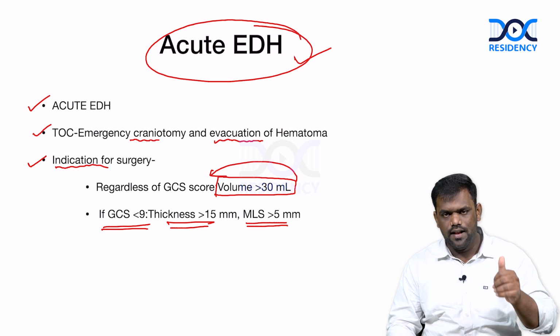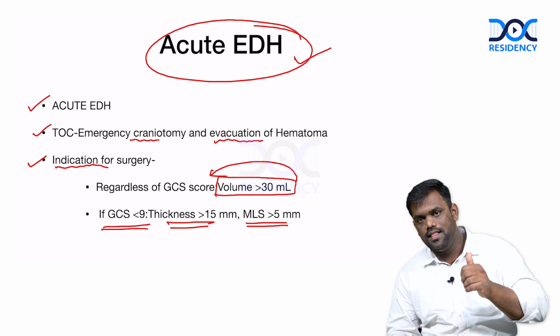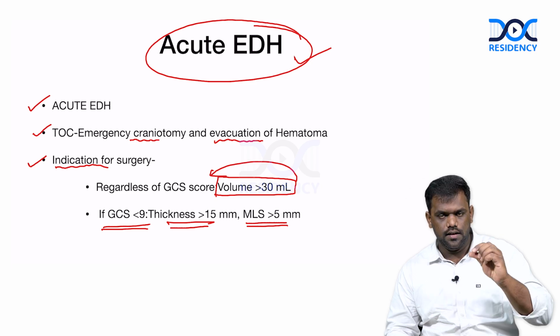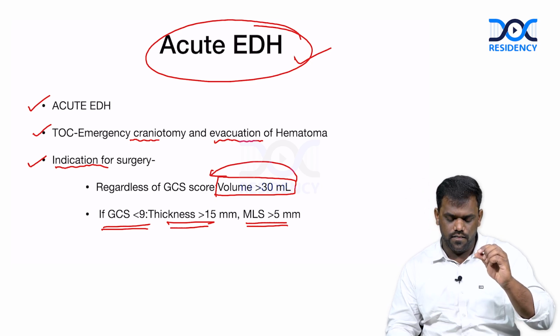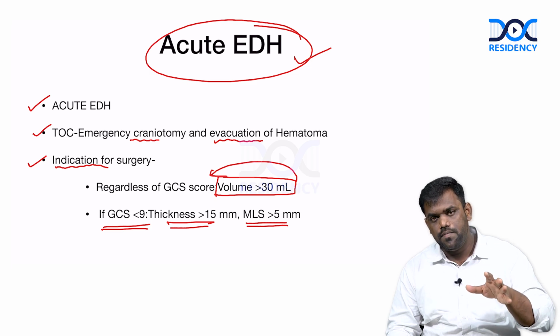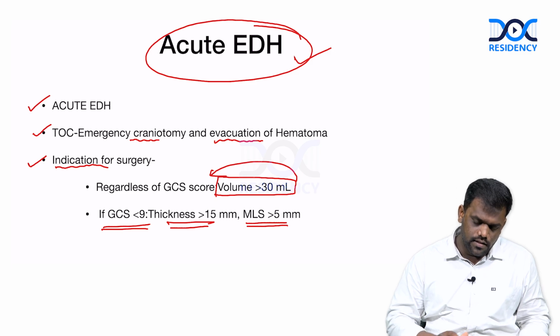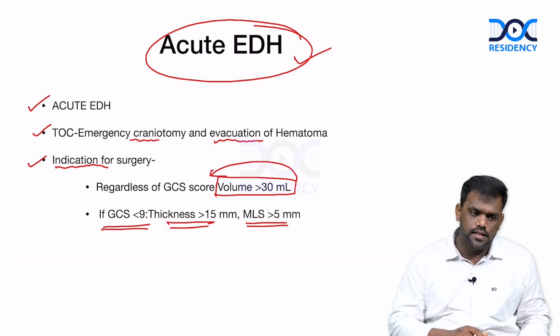If the GCS is less than 9, you have to look at the thickness and the midline shift also. If the thickness of the hematoma is more than 15 mm and the midline shift is also more than 5 mm, you have to take the patient for surgery. These are the two indications for acute EDH.